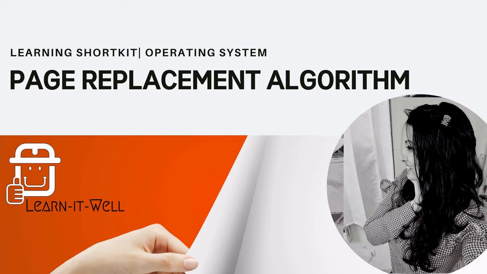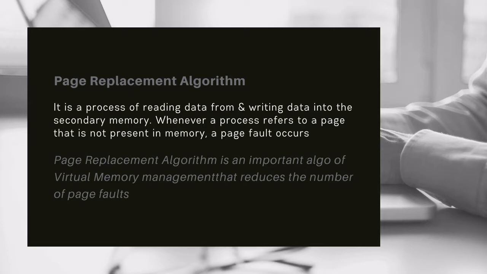Today from the Learning ShortKit, I will be taking up the page replacement algorithm from operating system. In an operating system, whenever a page is referred and not present in the memory, a page fault occurs and the OS replaces one of the existing pages with the newly needed page.